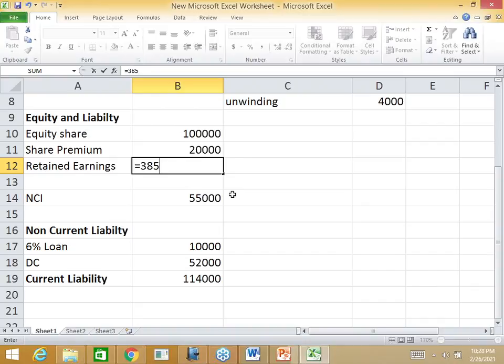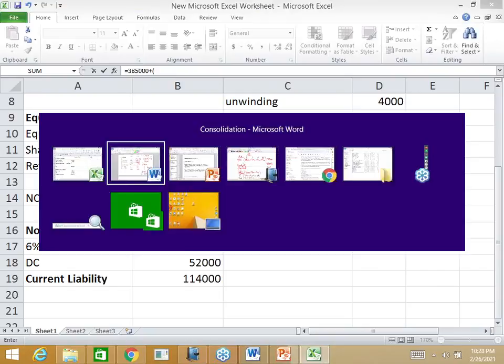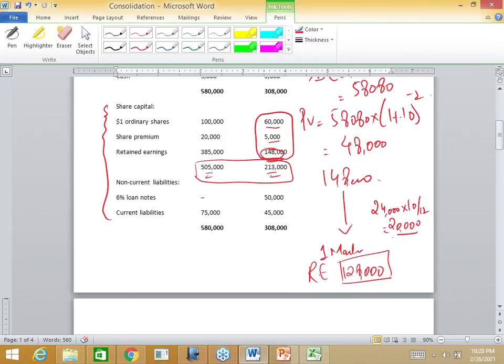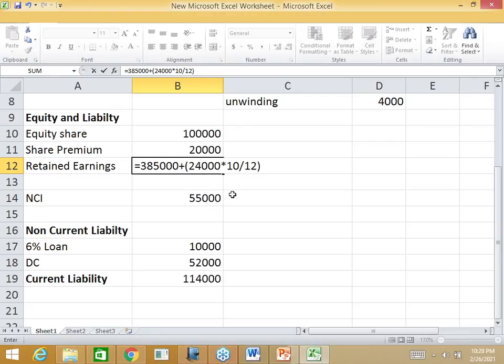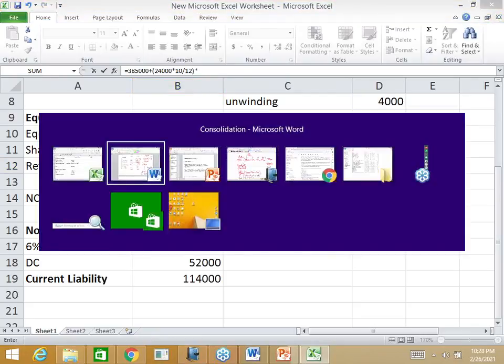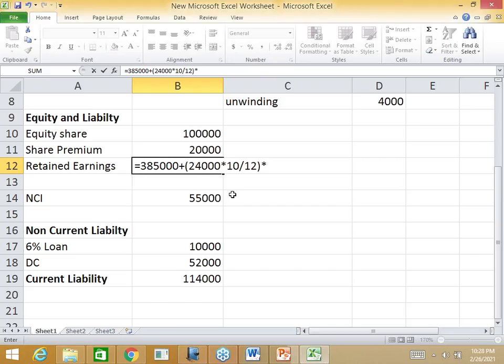Now you can do all the workings directly here, plus bracket 20,000, 24,000 the current year's profit, which is 10 months of post-acquisition profit, in which my share is 80%, 0.8.